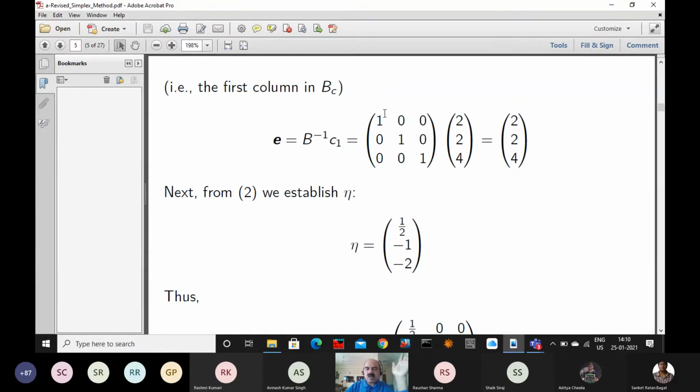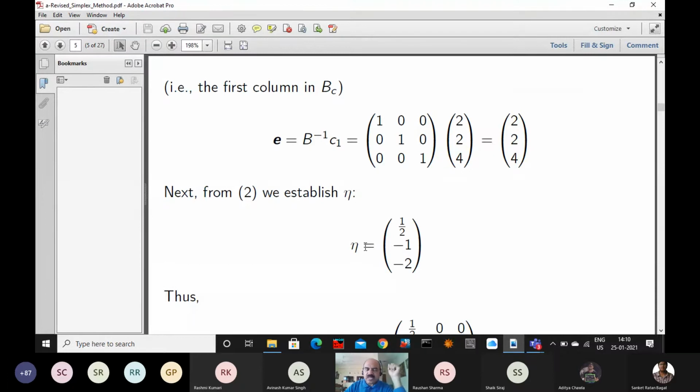So this B and B inverse are the same. We are multiplying 2 2 4. If you multiply with this identity matrix, then ultimately the column is 2 2 4. So E is a column vector, 2 2 4.